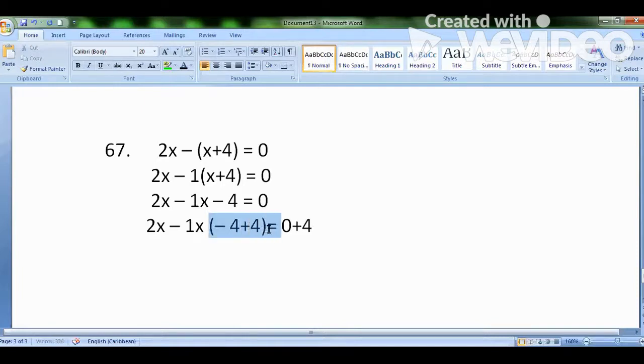So what I don't like is when I do the cross out, the negative gets crossed out too. You see that? That's what I don't like about this. But let me just leave it here. All right, continue now.